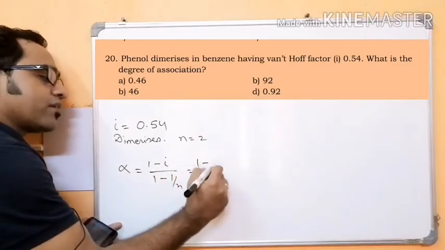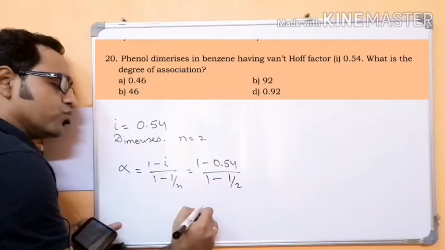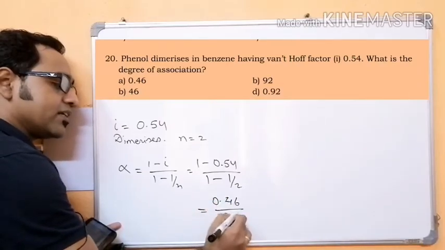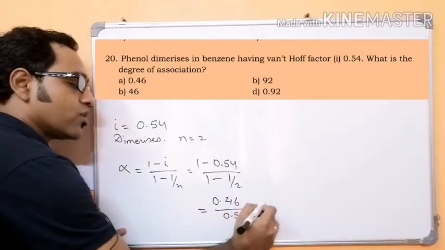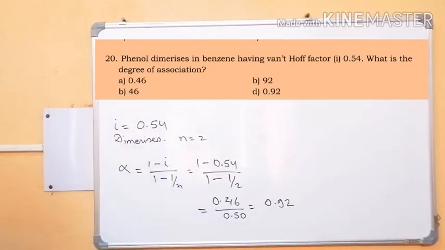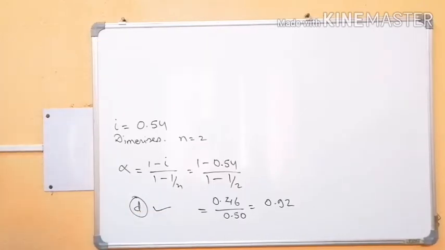So the answer is 1 minus 0.54 divided by 1 minus 1 by 2. So it is 0.46 divided by 0.50. So the final answer is 0.92. Option D is the correct option. Next, move to the next question.